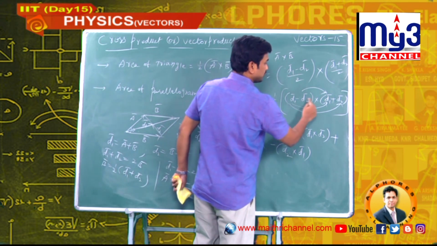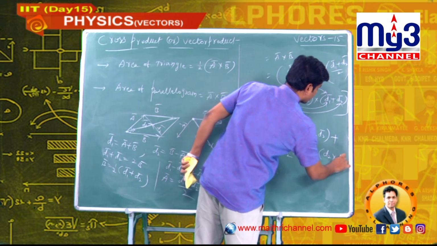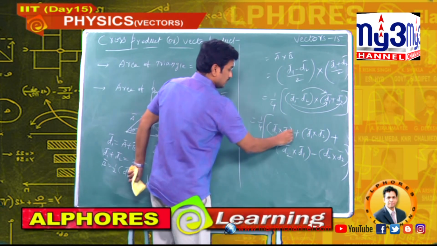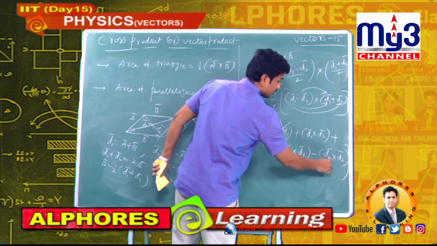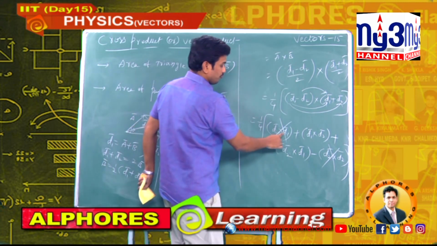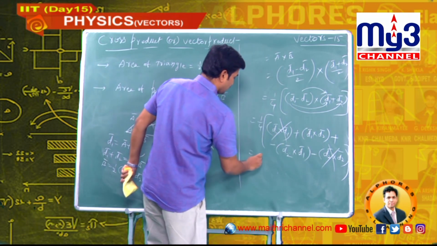Next, minus D2 bar cross D2 bar. Now D1 bar cross D1 bar 0, D2 bar cross D2 bar 0. Same vector if you make it cross product, 0. Now here 1 by 4.